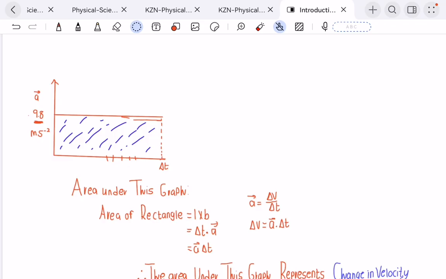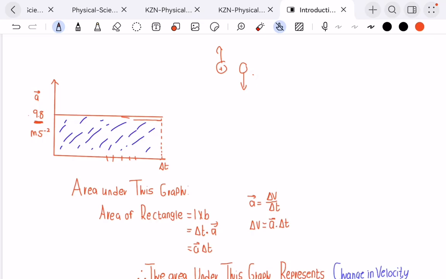Because if you just draw this graph and you chose upward as positive, then this is wrong, because your acceleration is not positive. You chose upwards as positive, and our acceleration, remember, is going down, right? So it's negative.